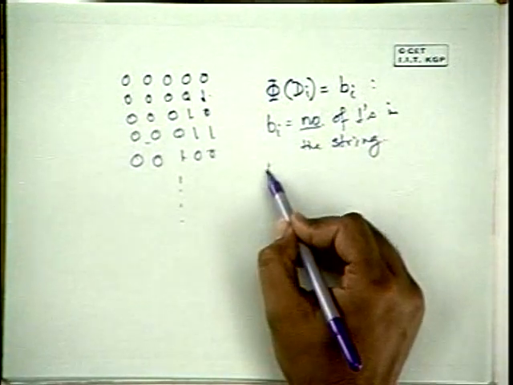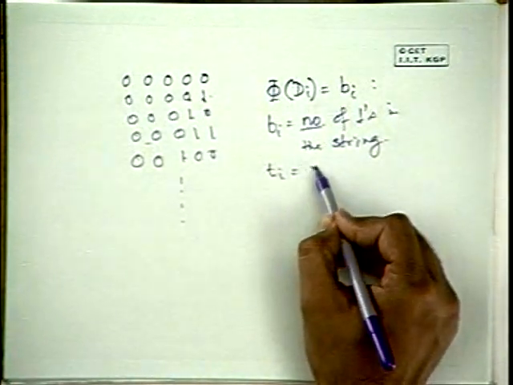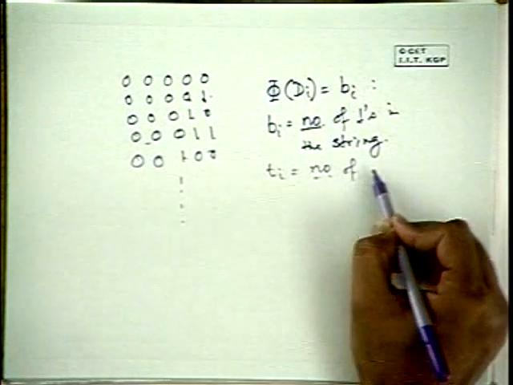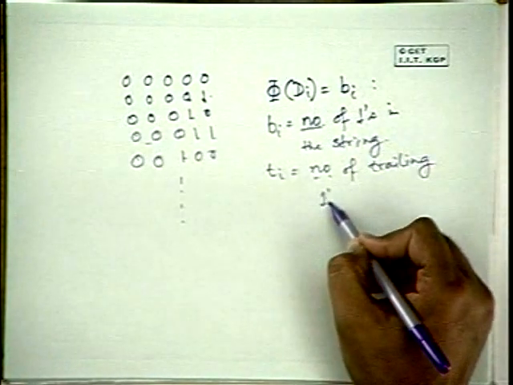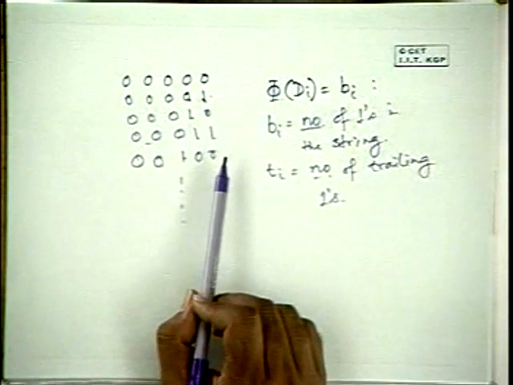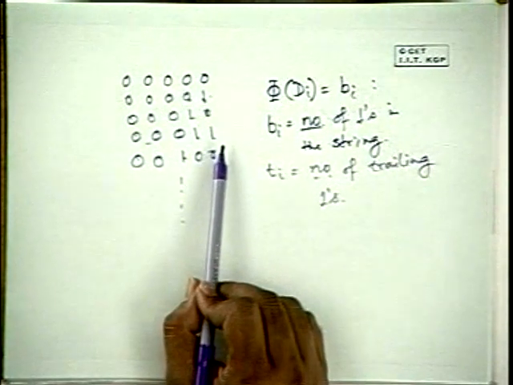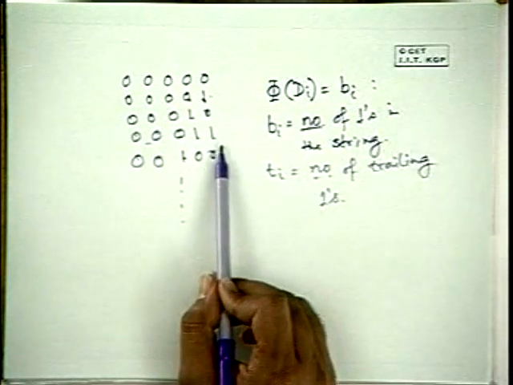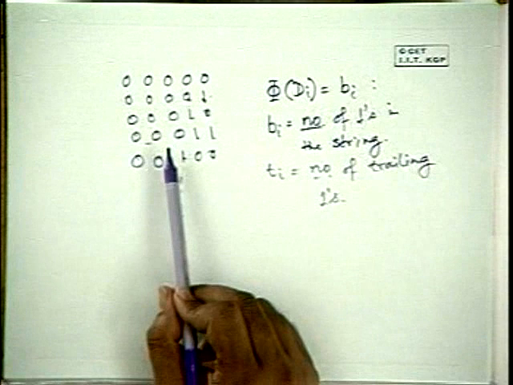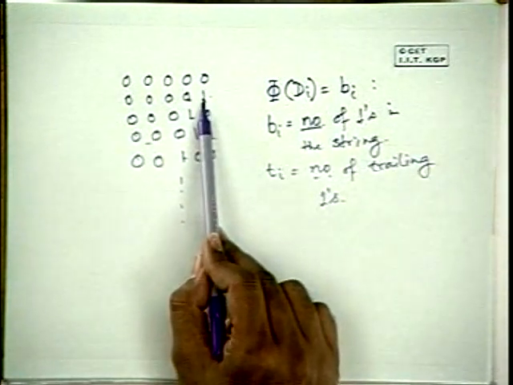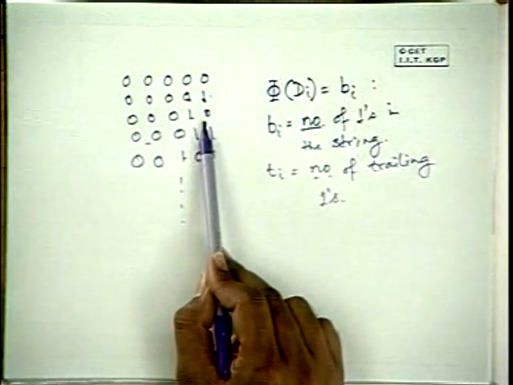Now let me define another one which is called ti. This is the number of trailing ones. What is the number of trailing ones? Basically, if you scan the string from right to left, the number of ones you get consecutively. So here it is 0, here it is 1, here it is again 0.